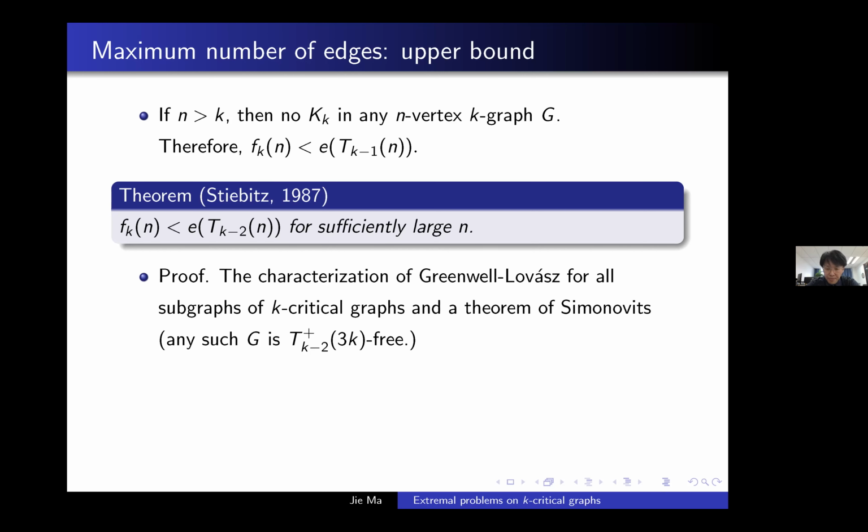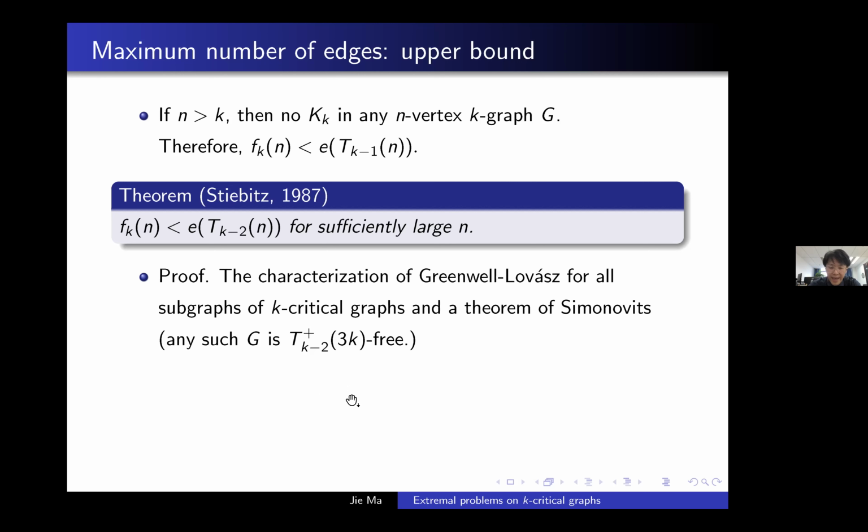Then using this information together with the theorem of Simonovits, which is actually the Turán-type theorem for color-critical graphs, we can show that in any k-critical graph there is no such graph: T_{k-1}(n) plus one edge.